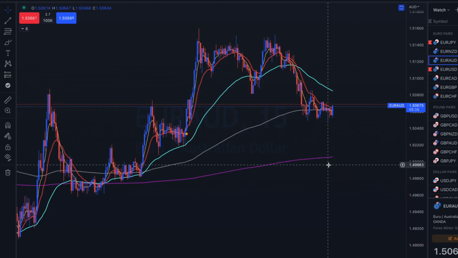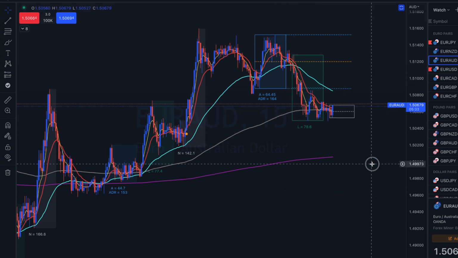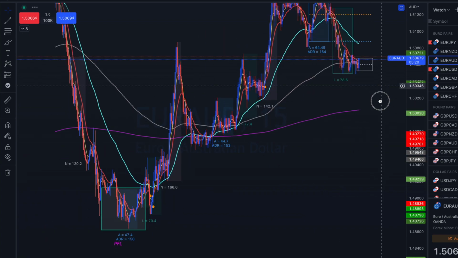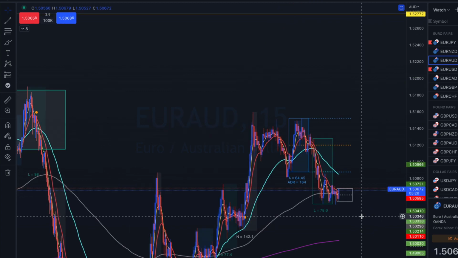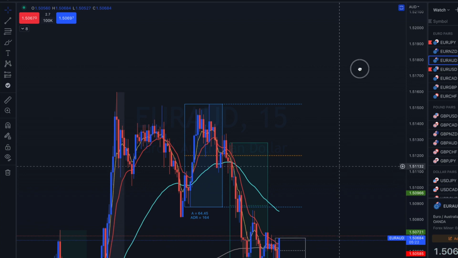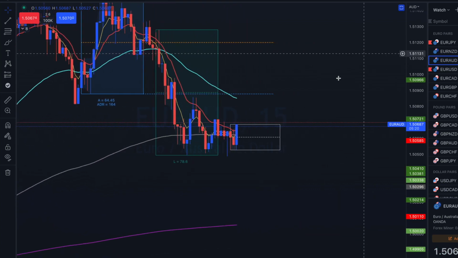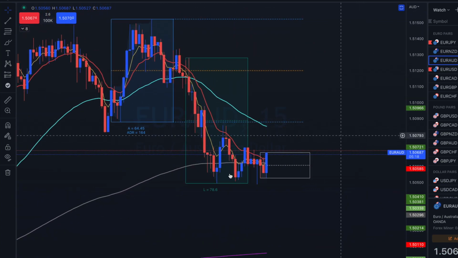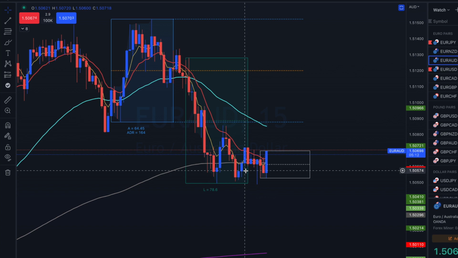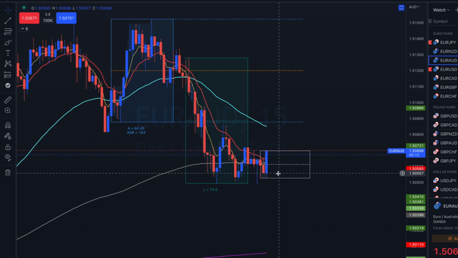Euro AUD, and it's actually developing right now. We're coming off a peak formation low, so we're looking for buys, and I'm looking for a type 1 setup here. We thought we almost had one at the end of the London session, but it was getting too late in the London session, so no action took place.